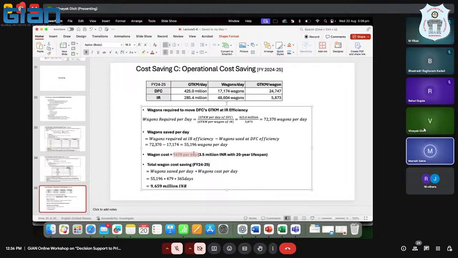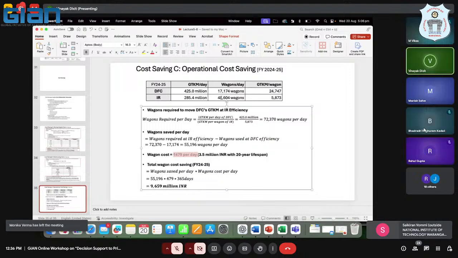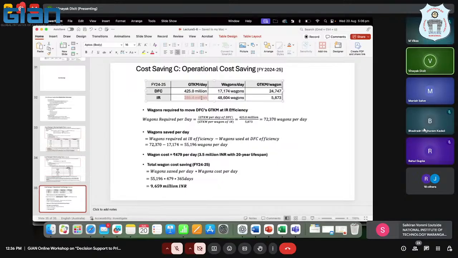Are you mentioning that we are maintaining this proper headway between the two rails? Yeah, that's because the speeds have increased, right? Let's say in IR we had 285.4 million GTKM per day on that stretch.